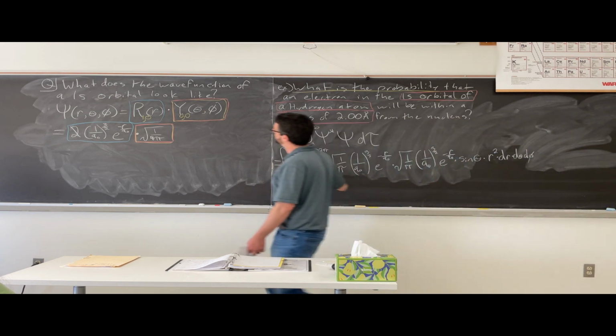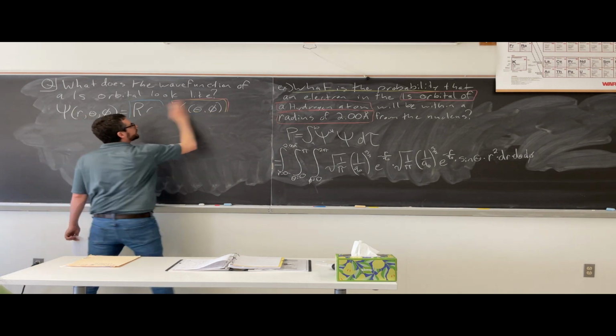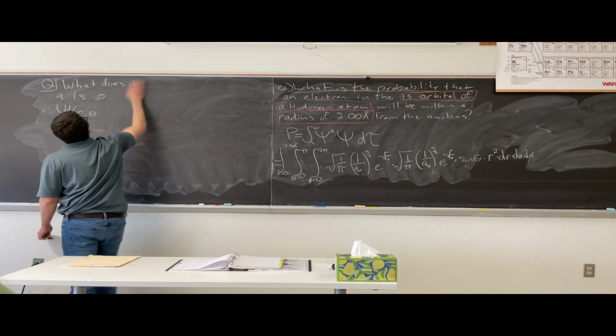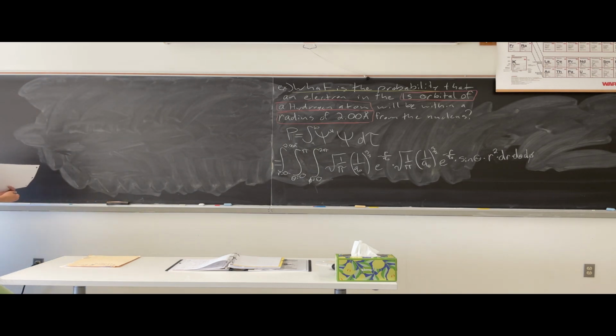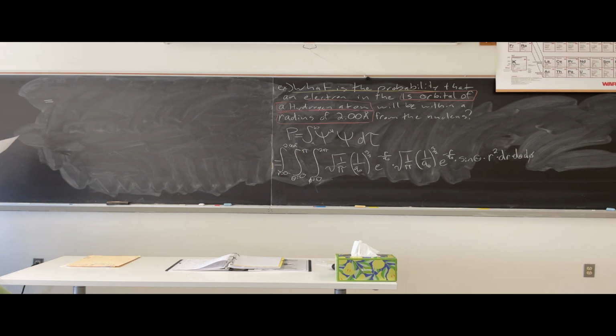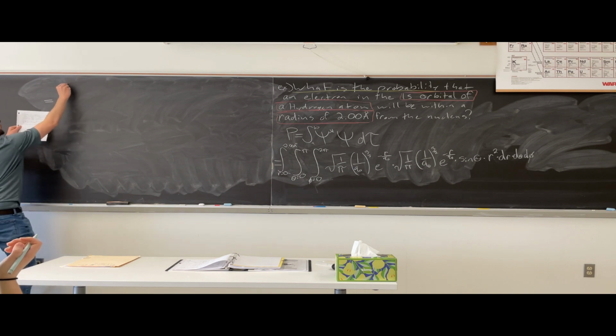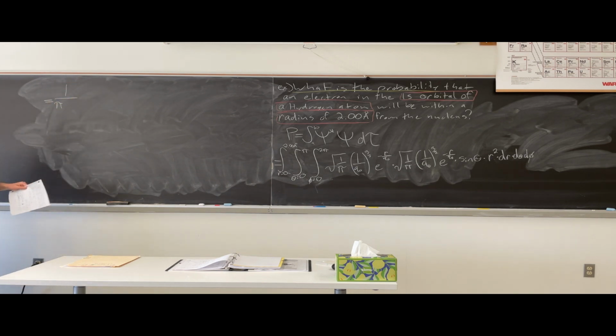Okay, how do you want to tackle this thing? Yep, get the 1 over pi out of there. We can do that. Yep, we're going to get 1 over pi.